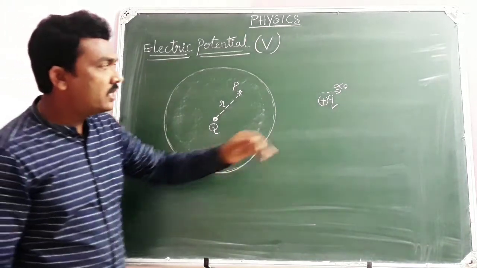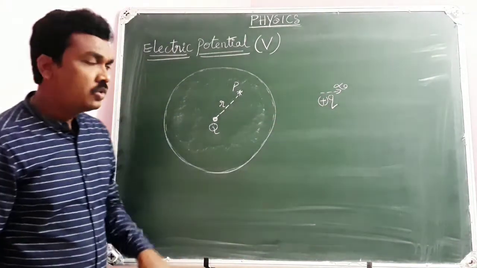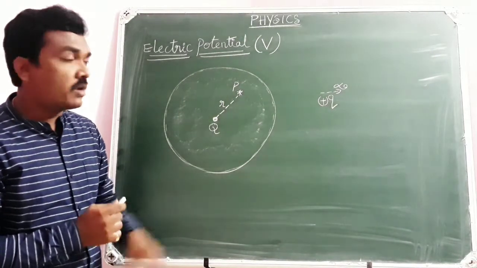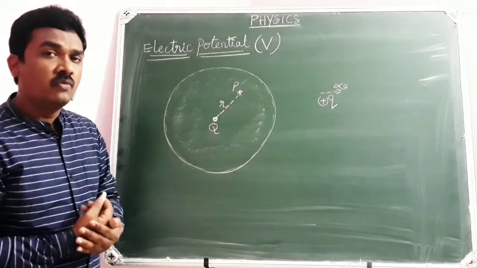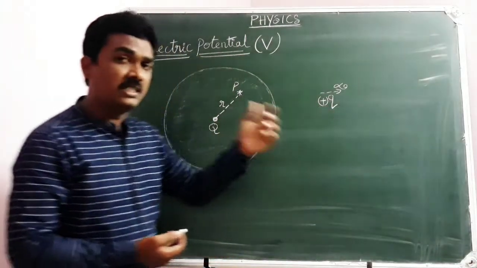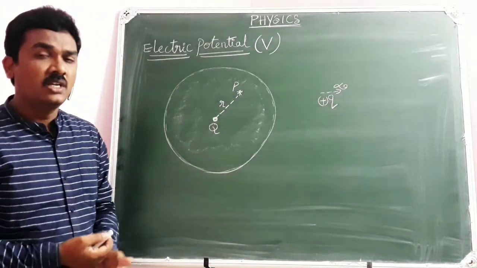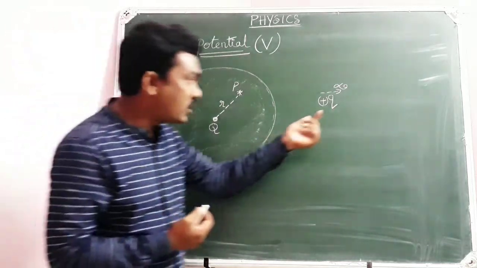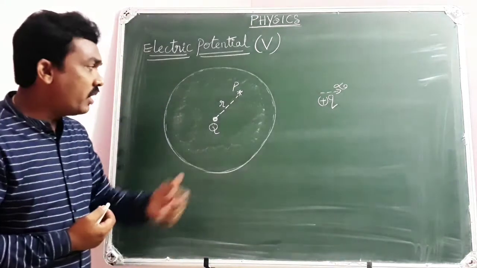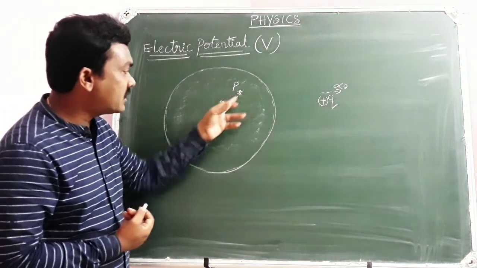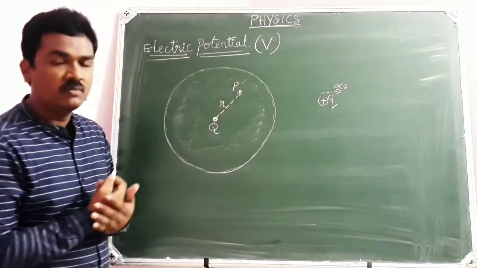Now here I wish to take this test charge to a particular point in the electric field, from infinite distance, from indefinite distance. Initially my test charge is at infinite distance. Now I wish to bring the test charge q to a particular point P, which is at a distance r from the source charge.